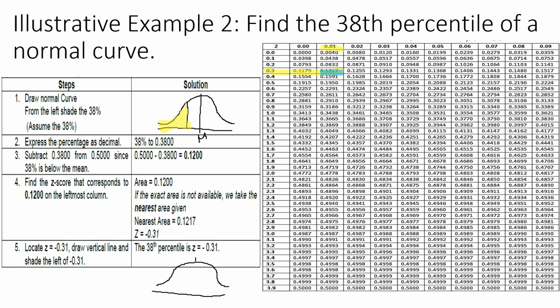So, if this is the normal curve, this is mu. Okay. So, if this is 1, 2, and 3, where do you think is negative 0.31? Is it closer to the mean or closer to 1? Of course, it is closer to the mean. 1/3, 1/3. Ayan, approximately here. So, we can shade this portion.